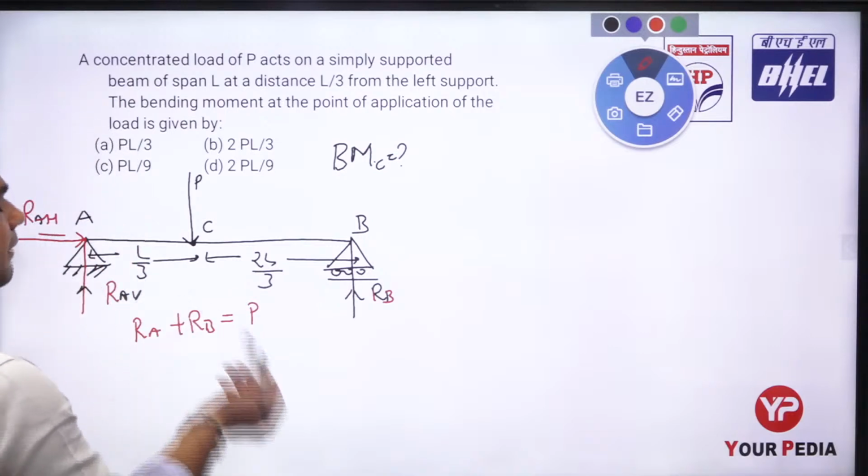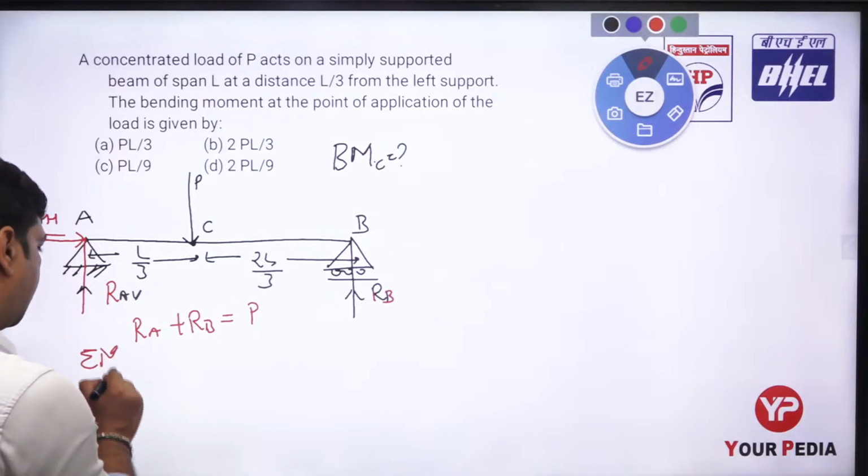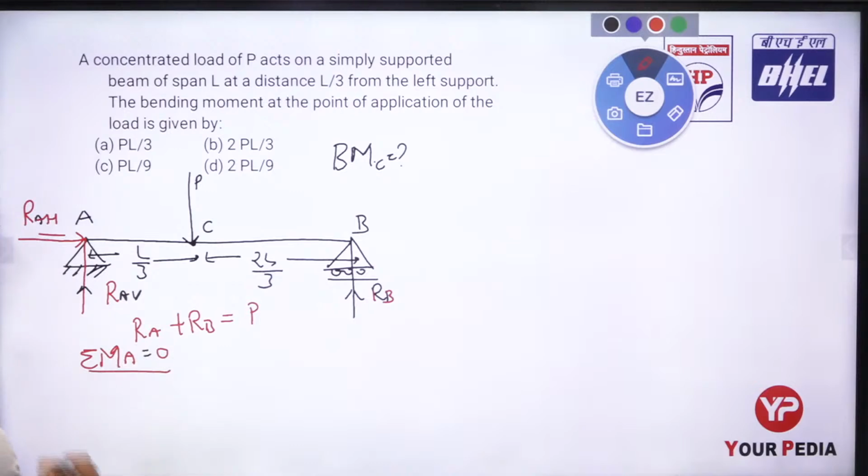So after that, how do we solve this? Just take the moment about point A equals 0, and assume a sign convention: clockwise is positive and anticlockwise is negative.